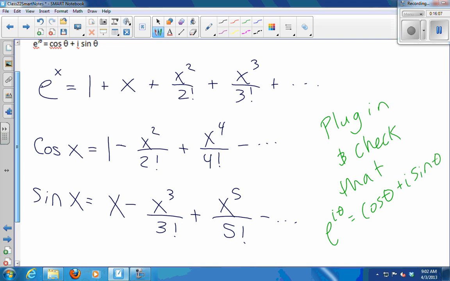That's sort of the general outline of how the proof works. I'll let you prove it to yourself on your own later. The proof is also in Appendix C of your textbook.